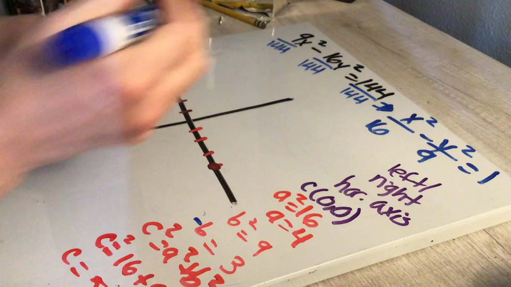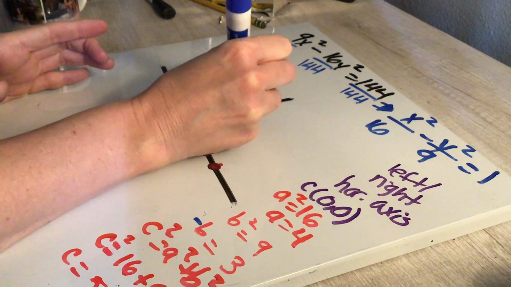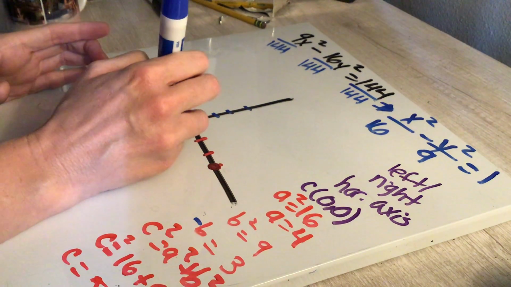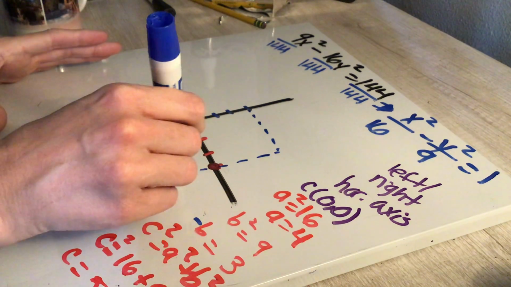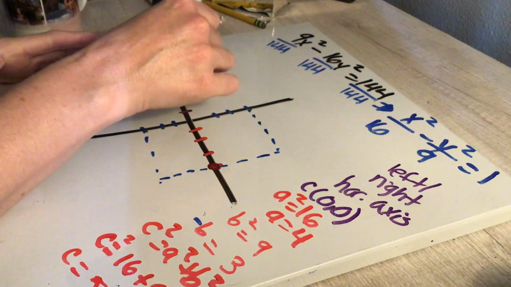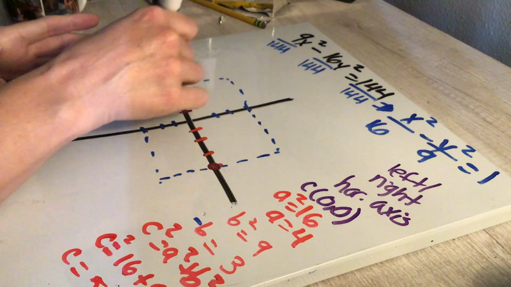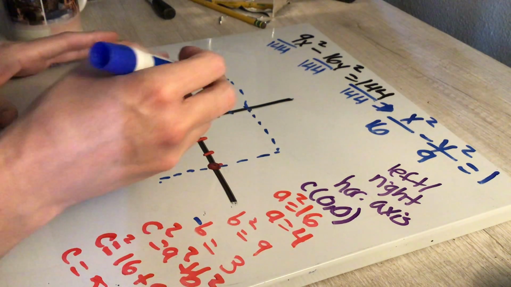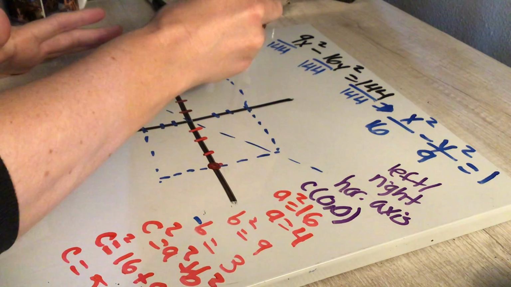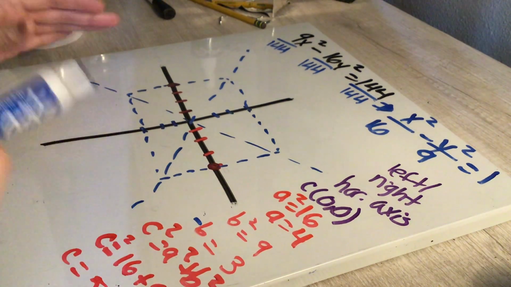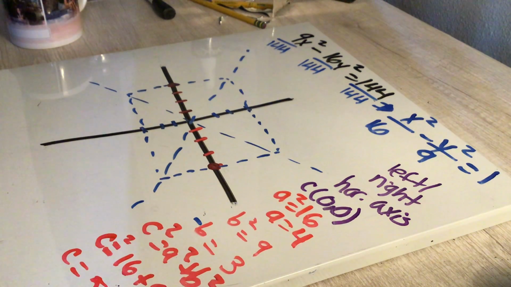Okay, so from the center, we're going to go up b units to get our rectangle. So the rectangle that we want the asymptotes for is here. So then we know how wide the hyperbola is going to be, okay? Because asymptotes are lines that our graphs get really, really close to but never touch.